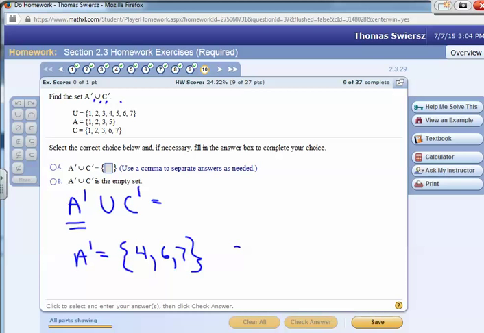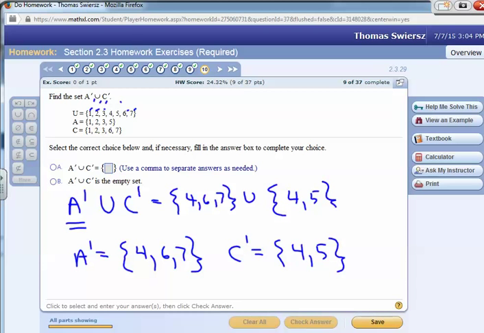There's A complement. C complement. C has 1, 2, 3, 6, 7. Take away 1, 2, 3, 6, 7, and we're left with 4 and 5 for C complement. So now we have A complement is 4, 6, 7, union C complement, 4 and 5.